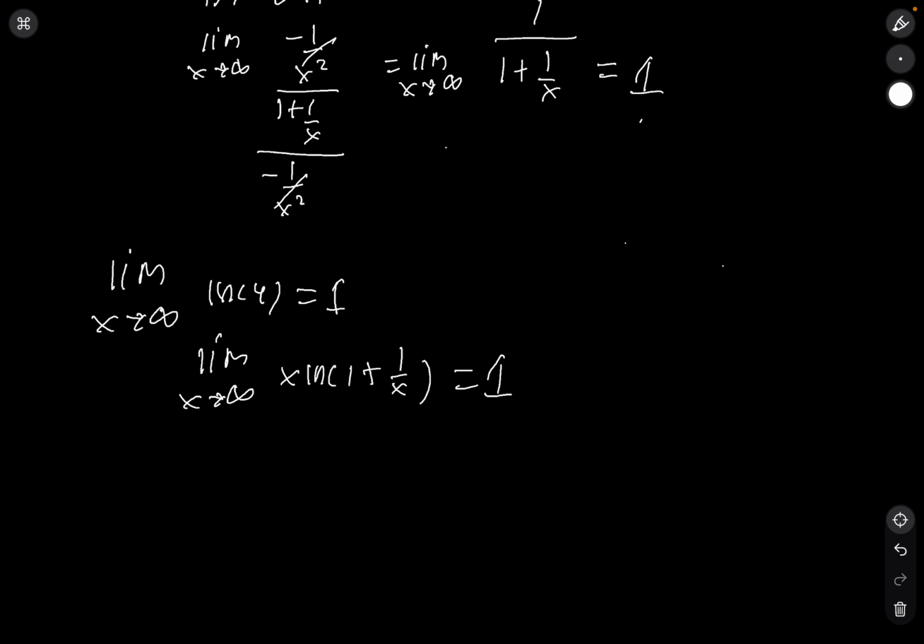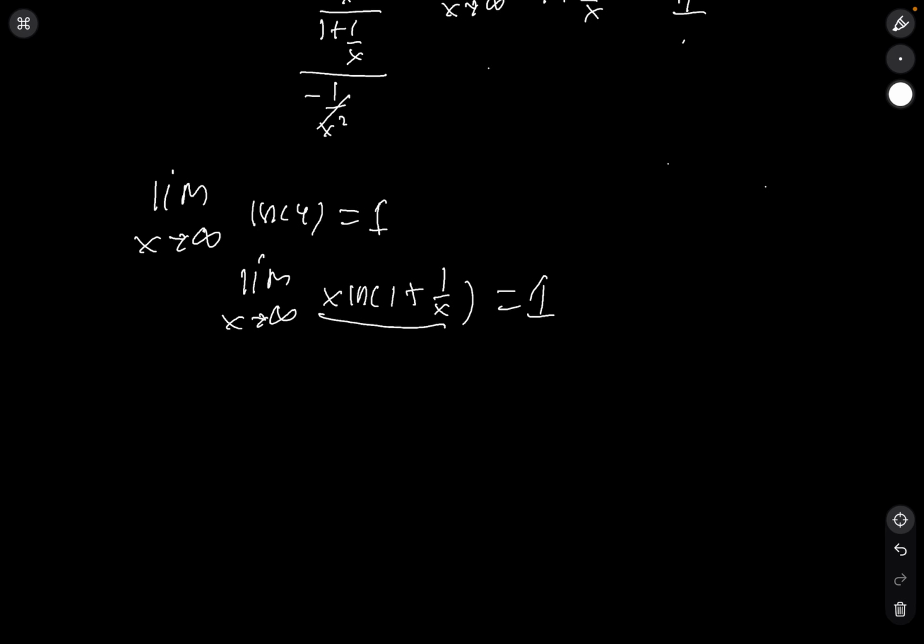Well, since we know that the limit as x approaches infinity of natural log of y of this function is equal to 1, in order to turn it back into just y, since it's a natural log and it's logarithmic, we just do the opposite, which is the power.